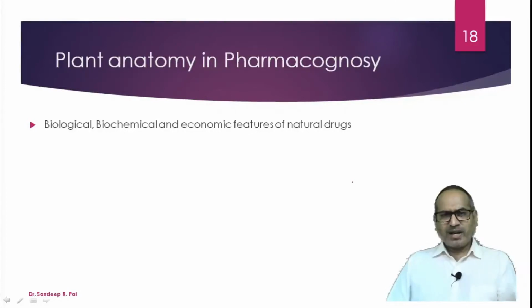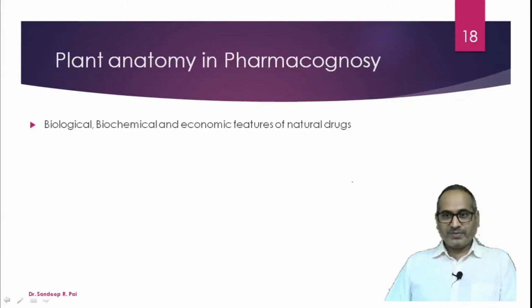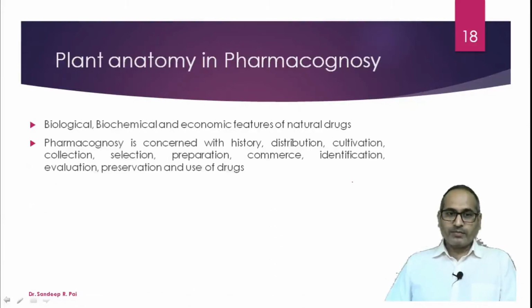So it may be plant based or animal based, both, but in pharmacognosy we see that plants are the major sources. So you will study biological, biochemical and economic features of that natural drug.